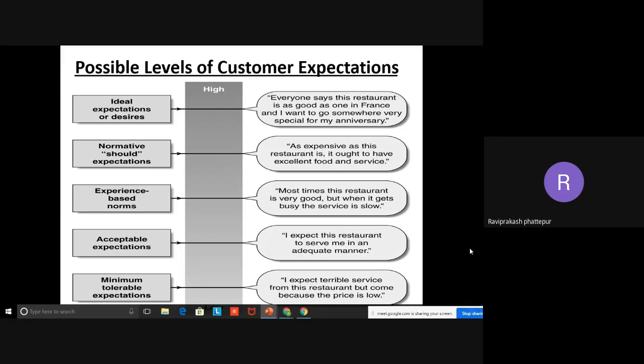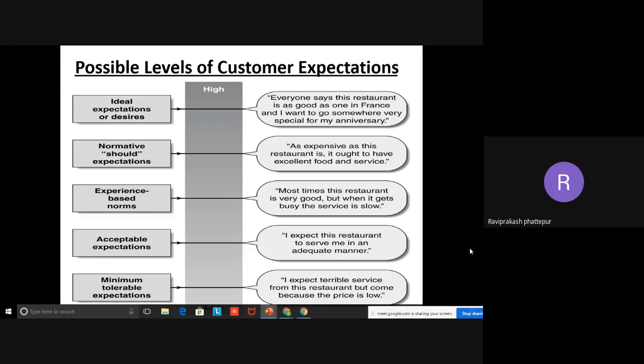Next is normative expectations. That is, it should happen. What do you mean by it should happen? We'll see here. As expensive as this restaurant is, it ought to have excellent food and service. This means that this restaurant is very costly or the food served here is very costly.